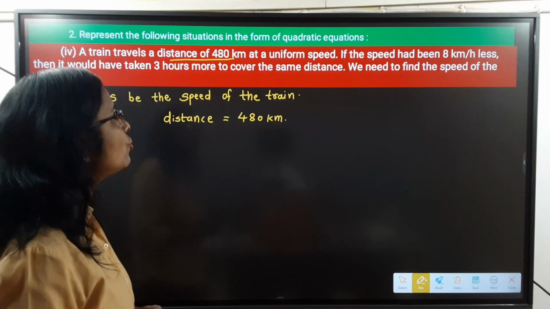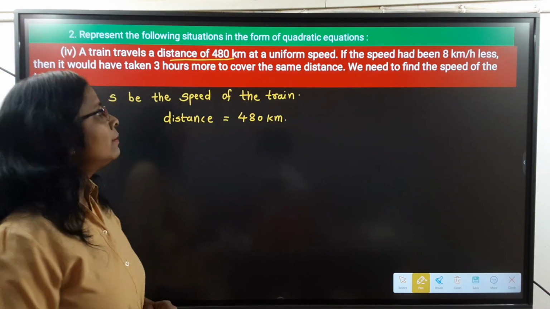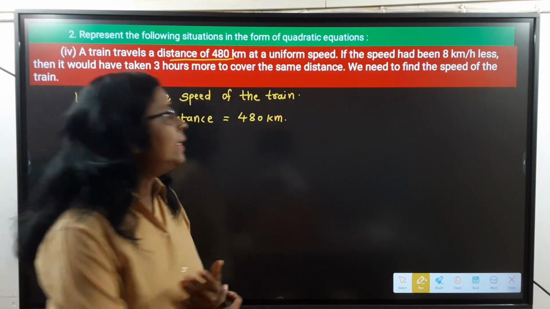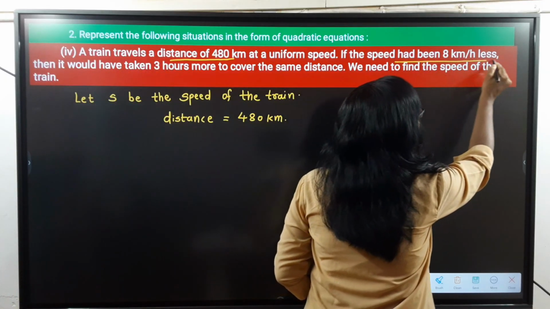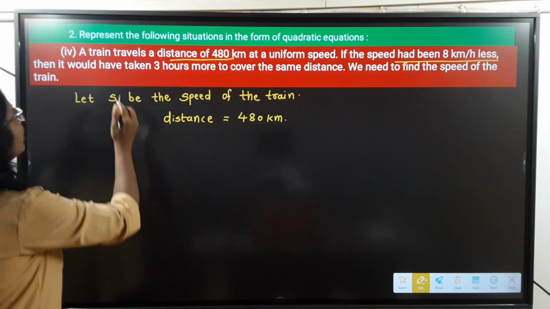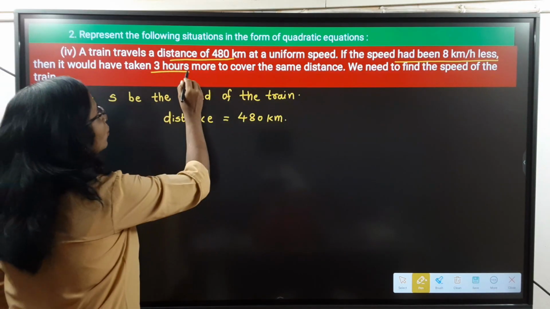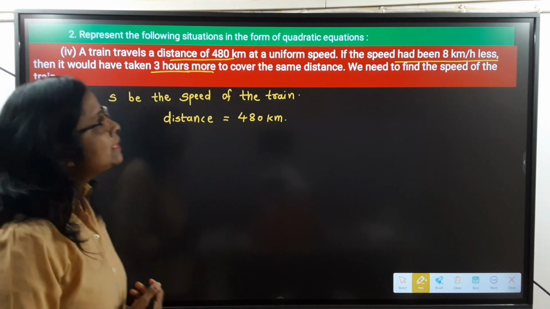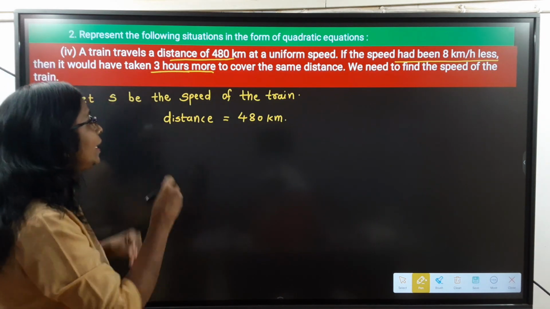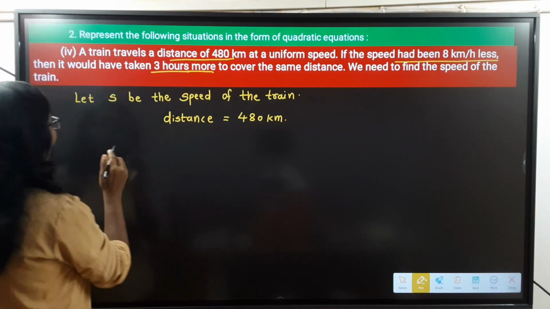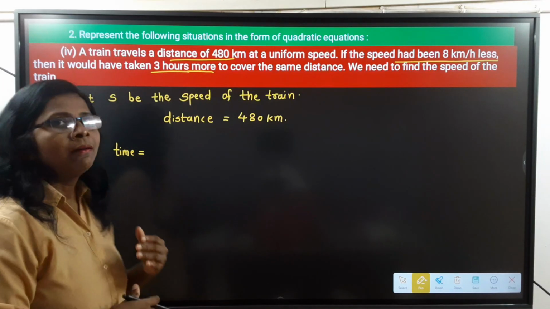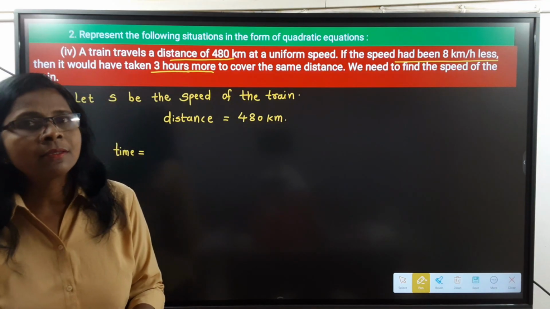So now the condition is, if the speed had been 8 kilometer per hour less, then it would have taken 3 hours more to cover the same distance. So students, we write down the formula related to time, speed and distance.